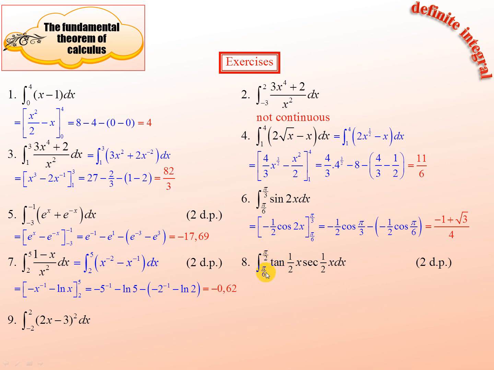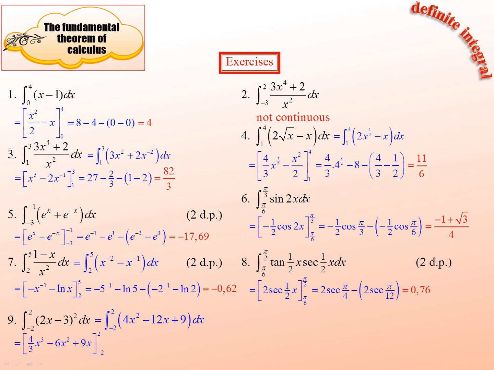That's first quadrant, so that should be acceptable. Yes, continuous. Multiply out, pretty standard. There we have it.